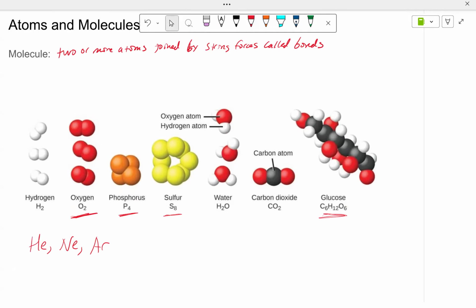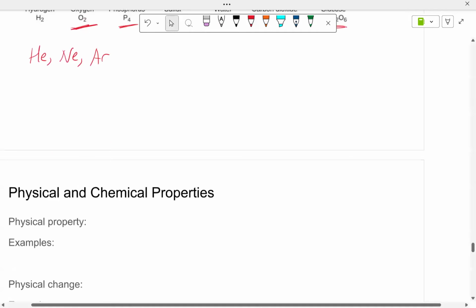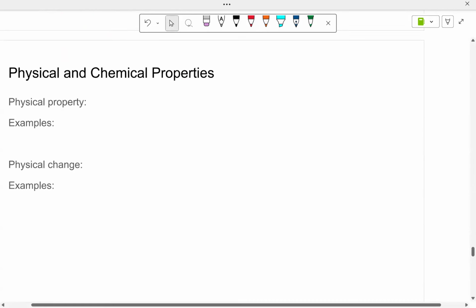Now, let's talk a little bit about the properties that define these molecules and these atoms. There's two types of properties we're going to look at. The first of these are physical properties.